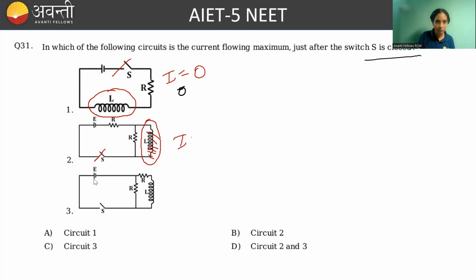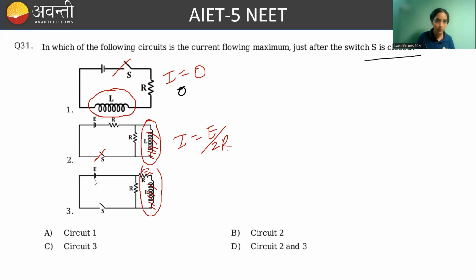So current here will be E by 2R. And here also it will go away. This is also in series with the inductor. If an insulator is connected in series with a resistor, together they will also become an insulator.